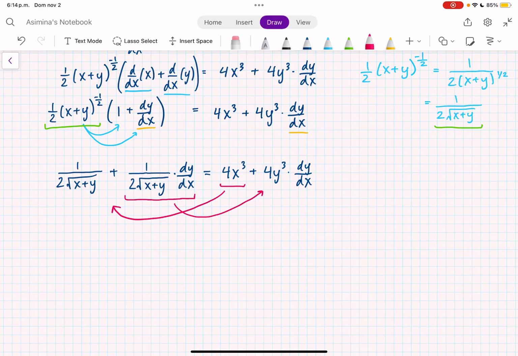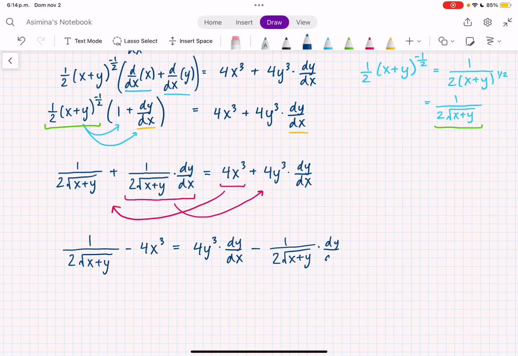So if I subtract 4x cubed from both sides, I get 1 over 2 times the square root of x plus y minus 4x cubed equals 4y cubed times dy/dx minus 1 over 2 times the square root of x plus y times dy/dx. Now this is very messy, but I see that I can factor out a dy/dx from the right-hand side.